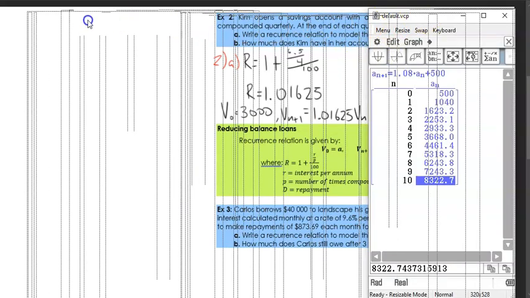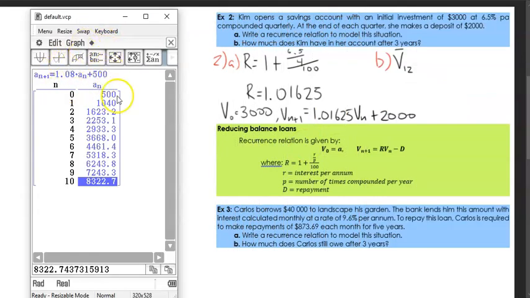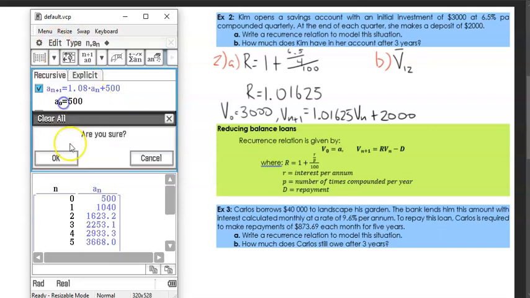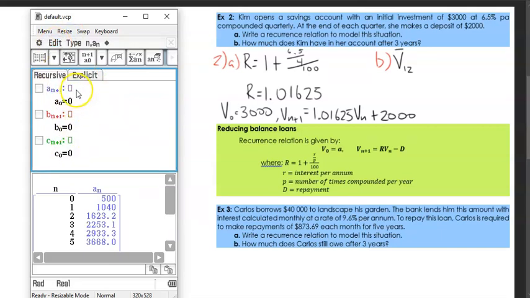So there's our old one. Let's get this resized again. Let's clear this. So let's put in 1.01625 multiplied by A of n, and then we're going to add 2,000 to this, and our initial deposit is $3,000.